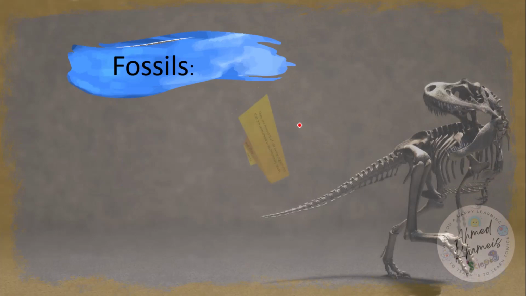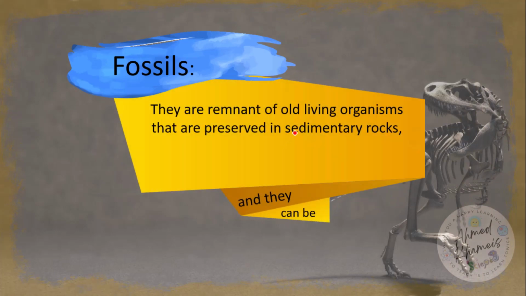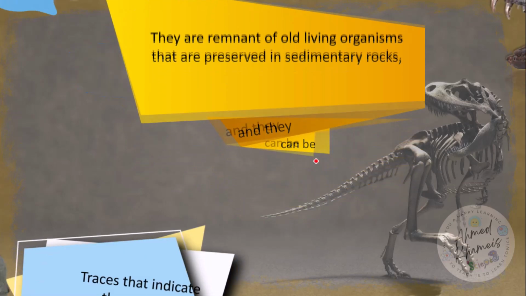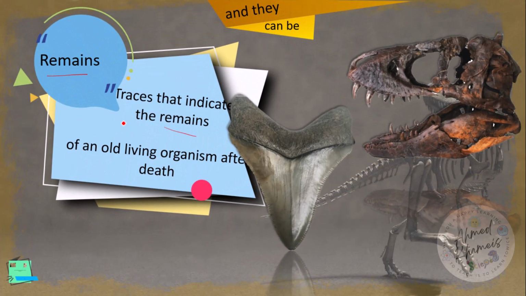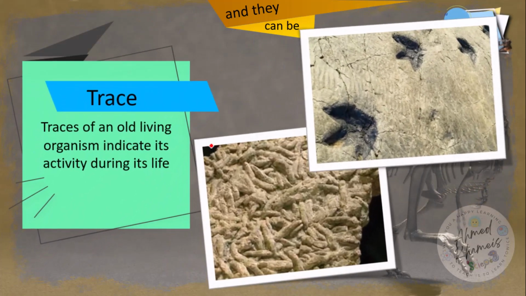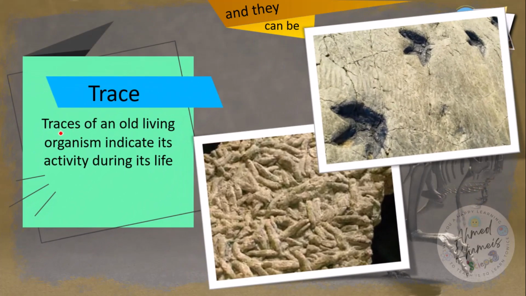Fossils are the remnants of old living organisms that are preserved in sedimentary rocks. They can be remains, which are traces that indicate the remains of an old living organism after death, like teeth and bones, or they can be trace fossils, which are traces of an old living organism that indicate its activity during its life, like footprints or worm pores.